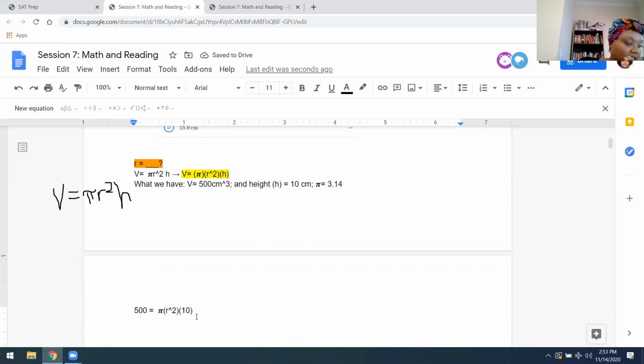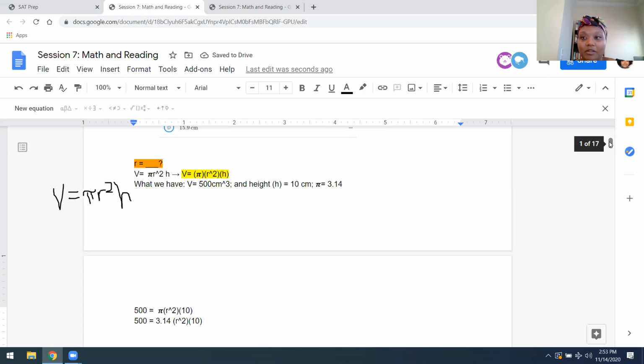So then it just becomes, well, I'm going to rewrite this with pi spelled out because I like to write things out all the way, just so there's no confusion at all.